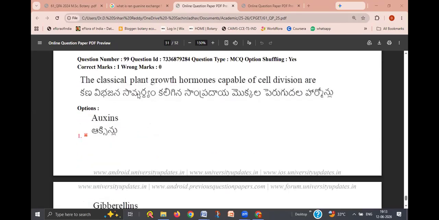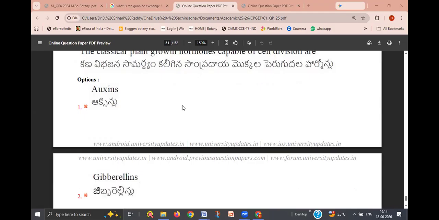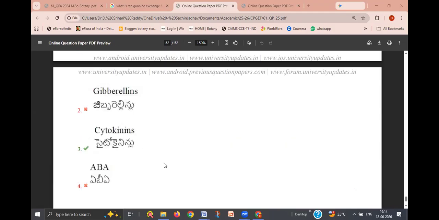Next, the classical plant growth hormones capable of cell division are. We already discussed auxins, gibberellins, cytokinins, abscisic acid, and ethylene. Ethylene is the simplest gaseous phytohormone, usually used for ripening. Here they have given auxins, gibberellins, cytokinins, abscisic acid.